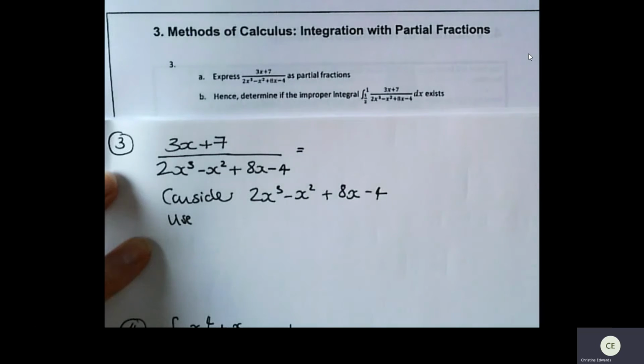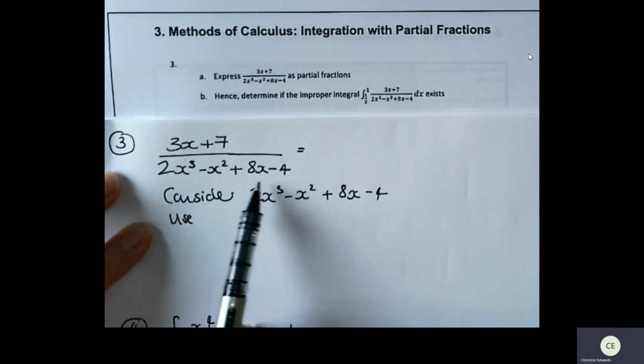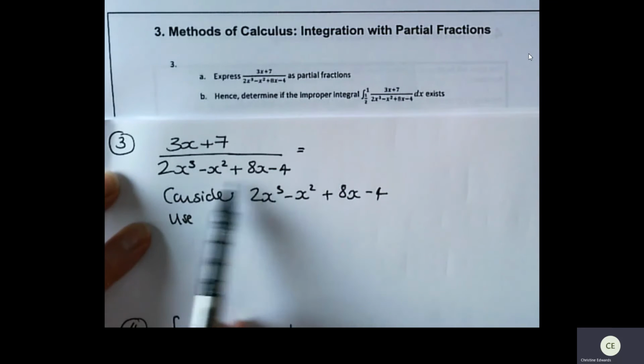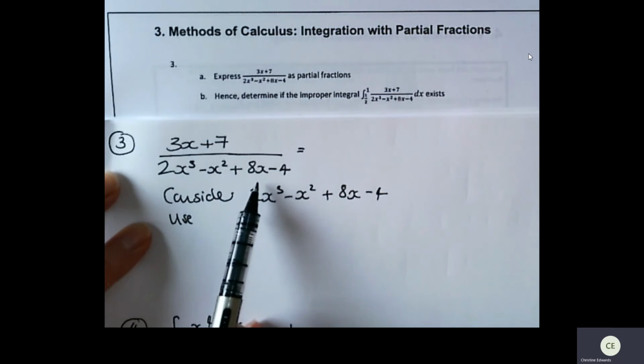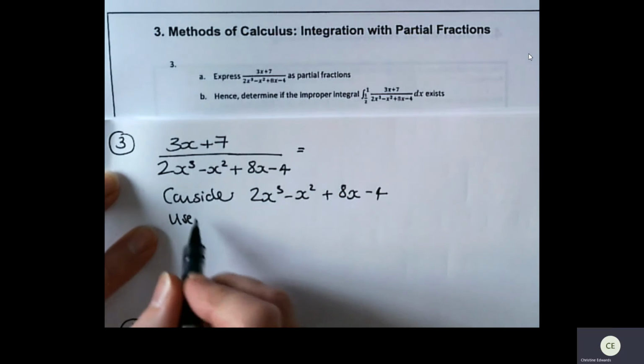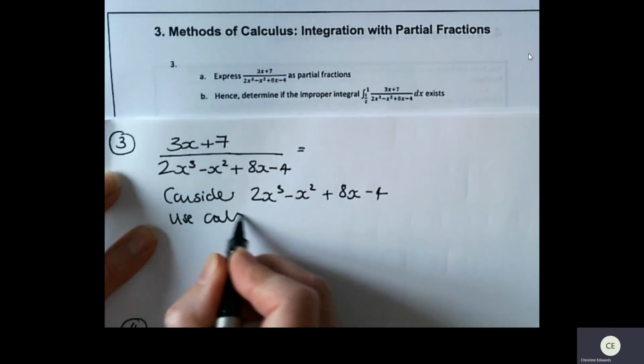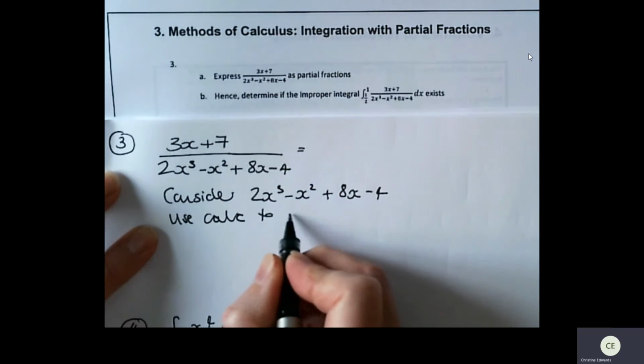I just want to talk to you about the fact that they haven't given us the factors on the bottom of the fraction. So it's sort of just working through the quickest way of reaching those factors. The recommendation that I'm sure you would all agree with is to use your calculator to identify the roots.